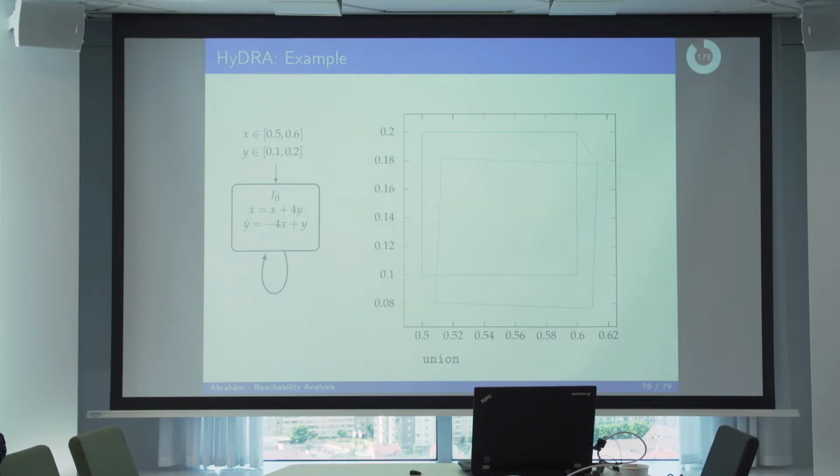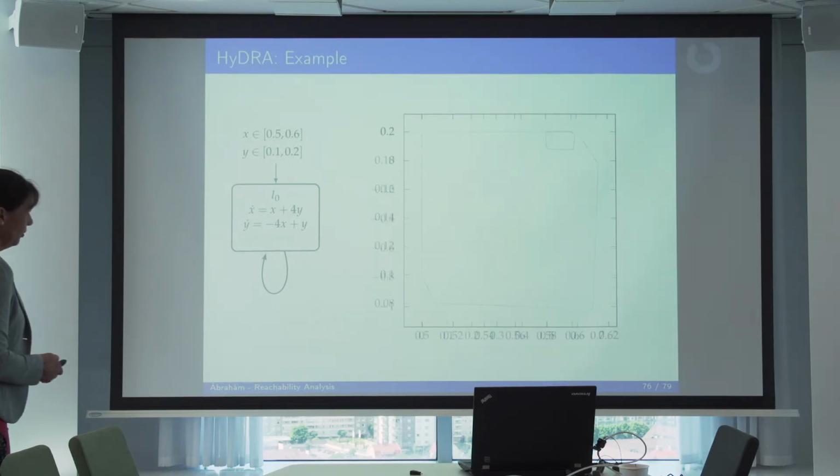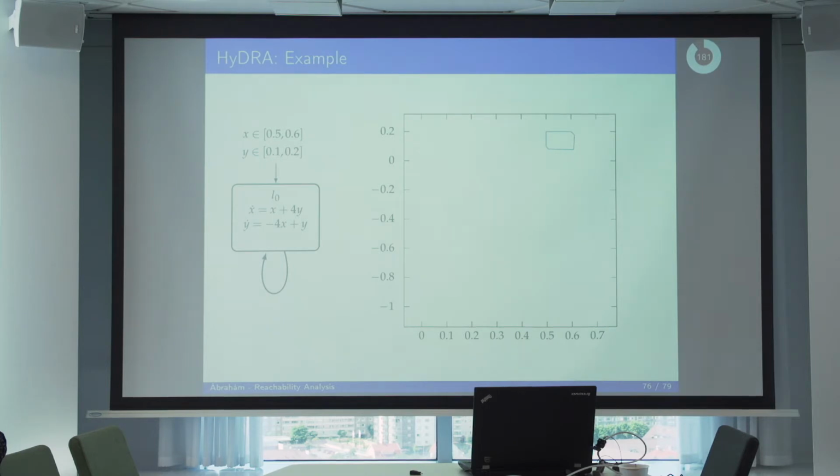Then we build the convex hull. Then we build bloating with the first box to include nonlinear behavior, which is very small, so it is nearly not visible here. This is the convex hull of the two. And then here we do not have this BU, the disturbance, so the second bloating falls away.